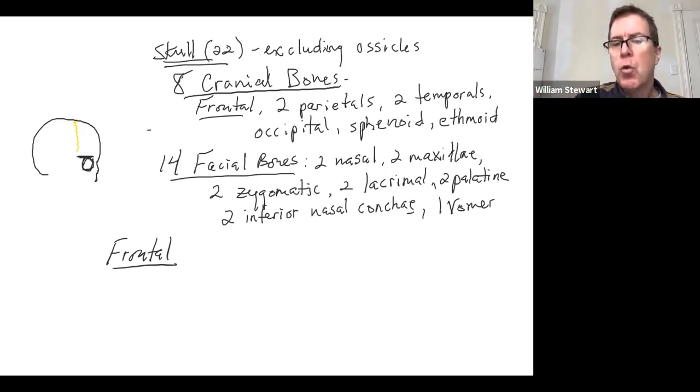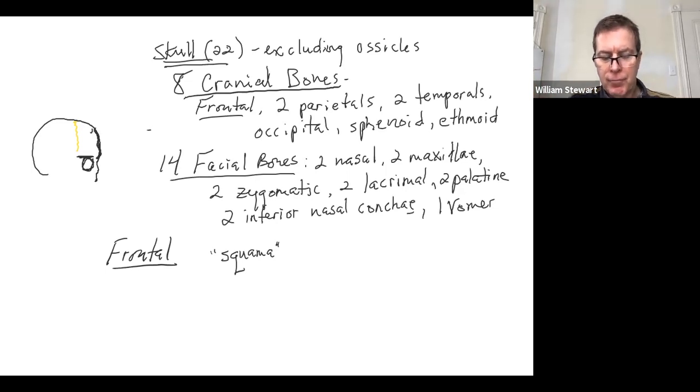The frontal squama is just part of the frontal bone. This word squama just refers to the part of this frontal bone that forms the forehead. So the squama just refers to this part right here, sort of the ridge of the eyebrows and the forehead up front. The supraorbital margin is actually the thickening, the brow part right here.